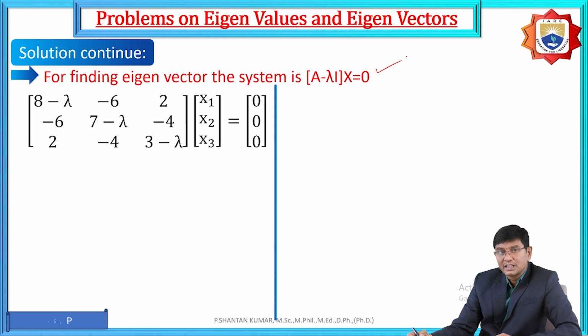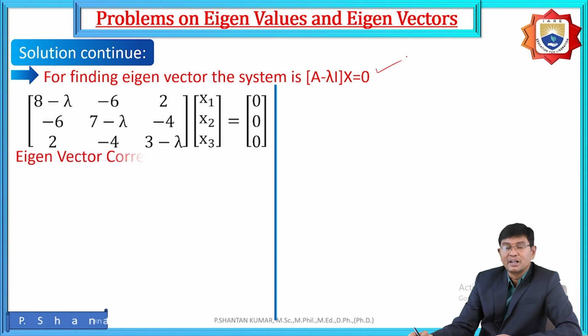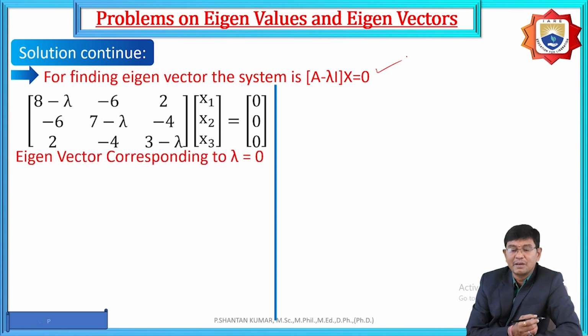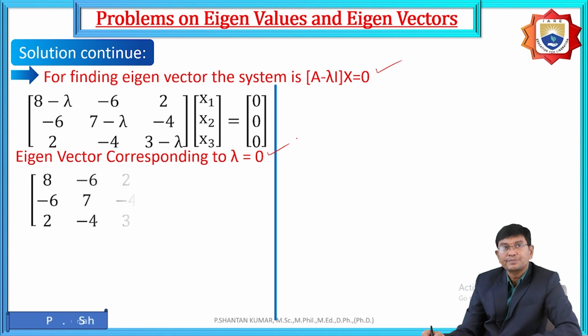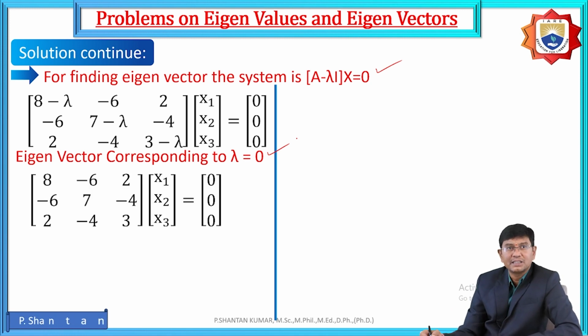First we replace lambda is equal to 0 in a minus lambda I into x is equal to 0. After replacing lambda is equal to 0, the first row is 8, minus 6, 2, the second row is minus 6, 7, minus 4, and the third row is 2, minus 4, 3. This is the matrix after replacement of lambda is equal to 0.